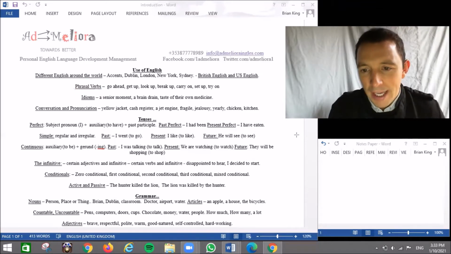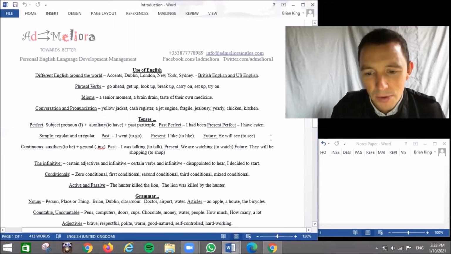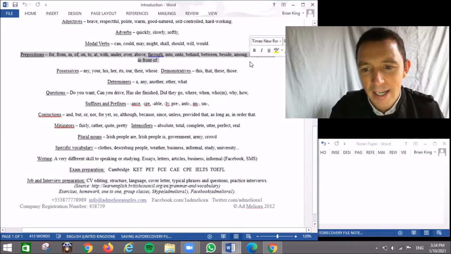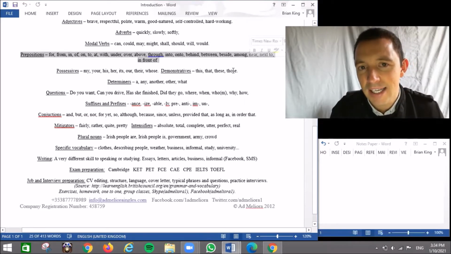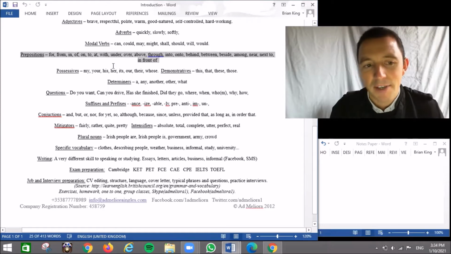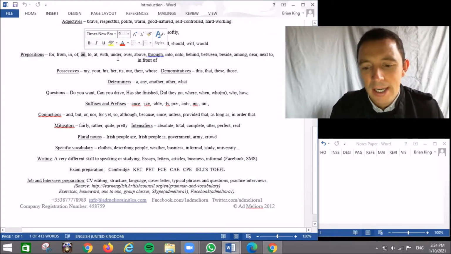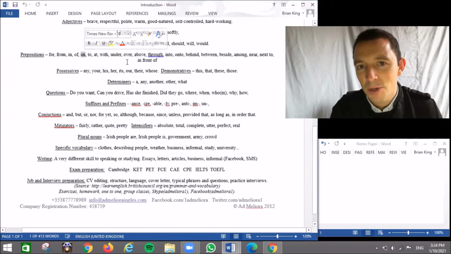So al fondo aquí puedo mostrar preposiciones, por ejemplo, okay? So solo para mostrar. Aquí tenemos un gran lista de preposiciones. And for example, we have for, from, in, of, on, to. Hay un montón, okay? Una pila.